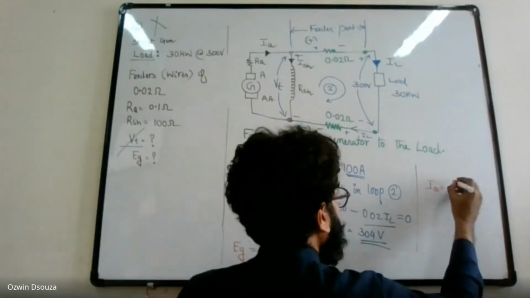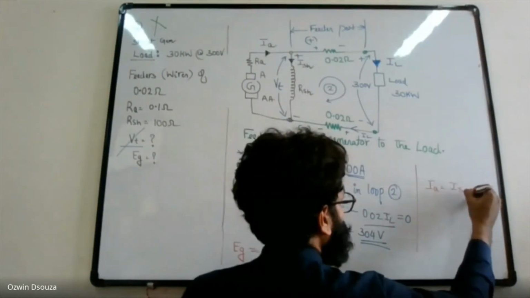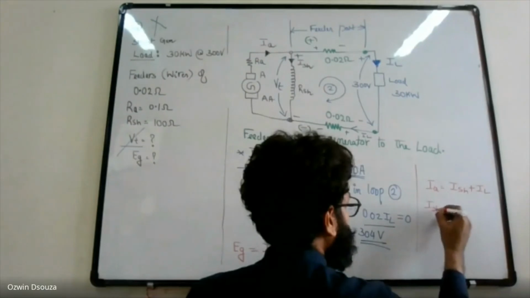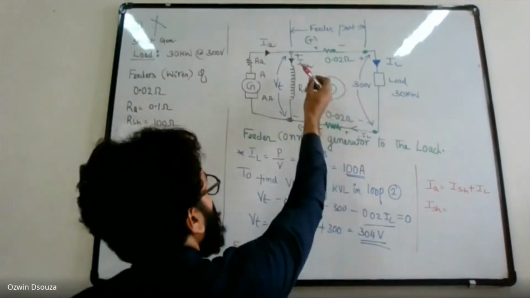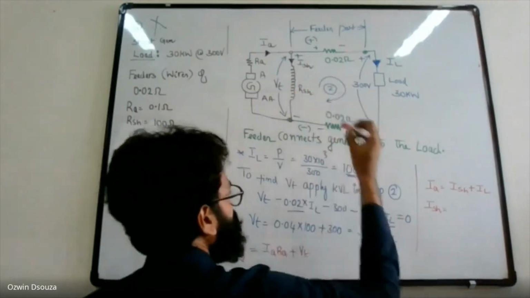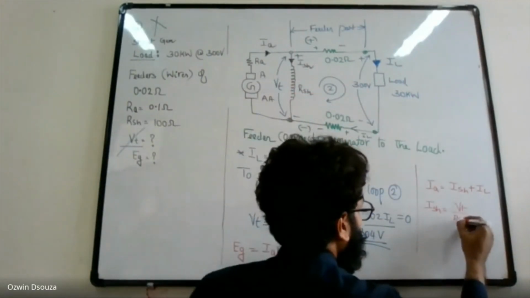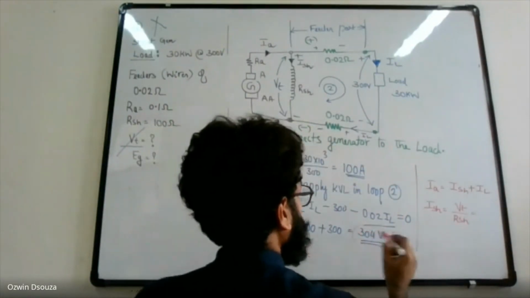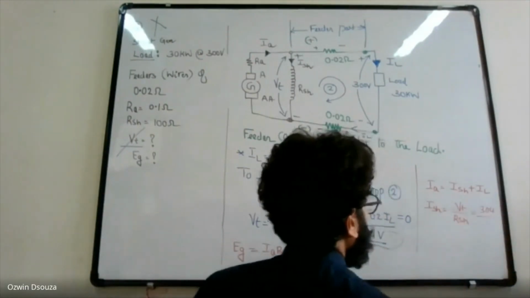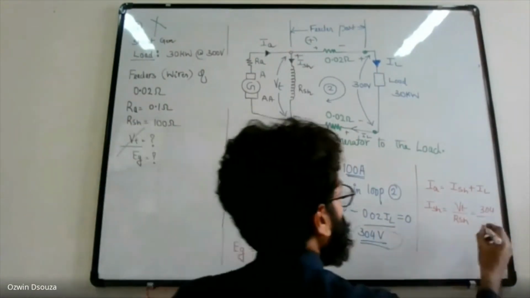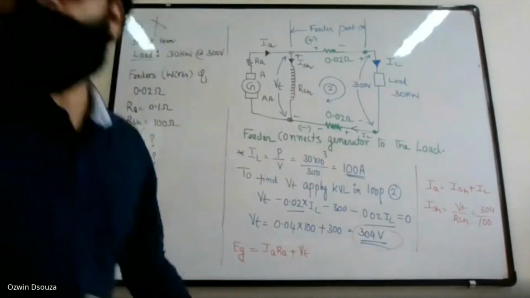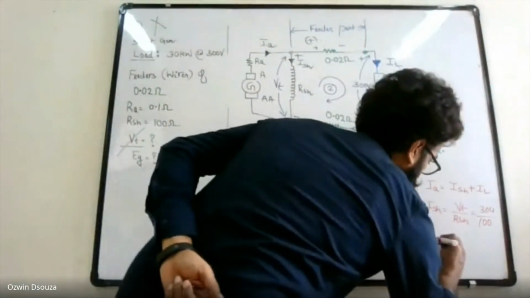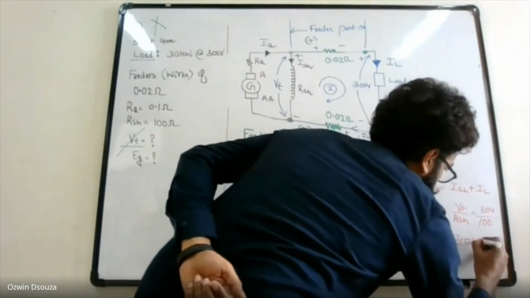IA is equal to ISH plus IL, where IL we have already found, but we need to find ISH. ISH is nothing but voltage divided by resistance, so VT by RSH. VT is 304 divided by RSH, which is 100. That gives ISH as 3.04 amperes.